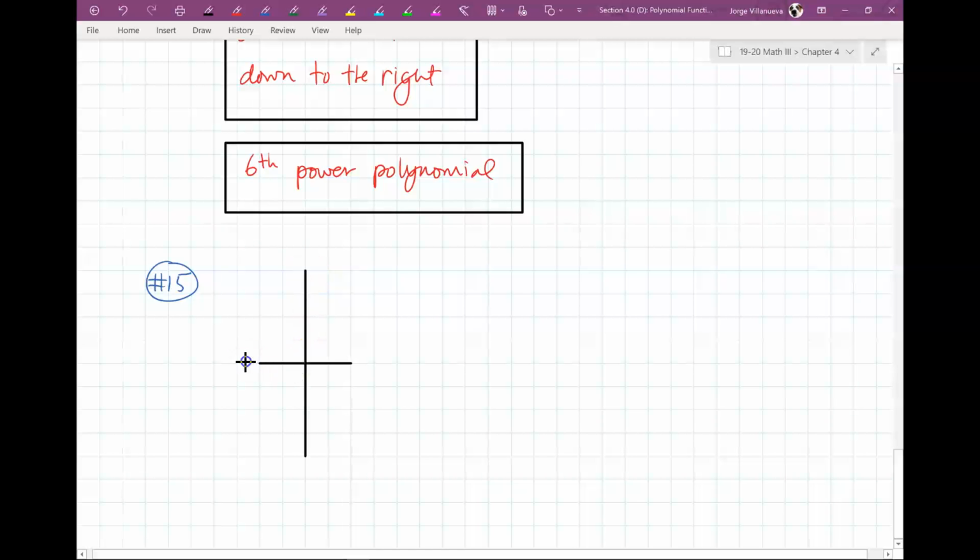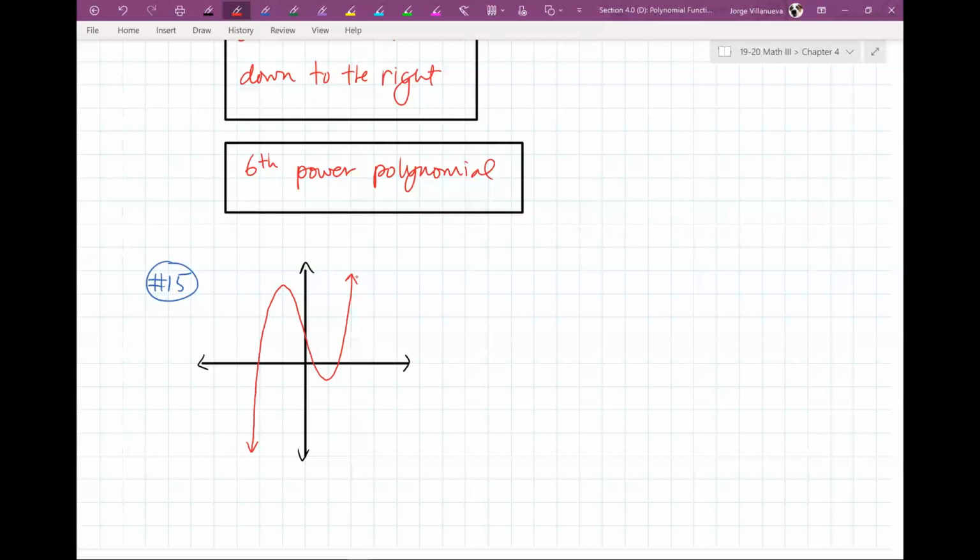I'm going to do a real quick sketch of what it looks like, okay? So the graph kind of looks like this. All right, so pay close attention, guys. Here we go.